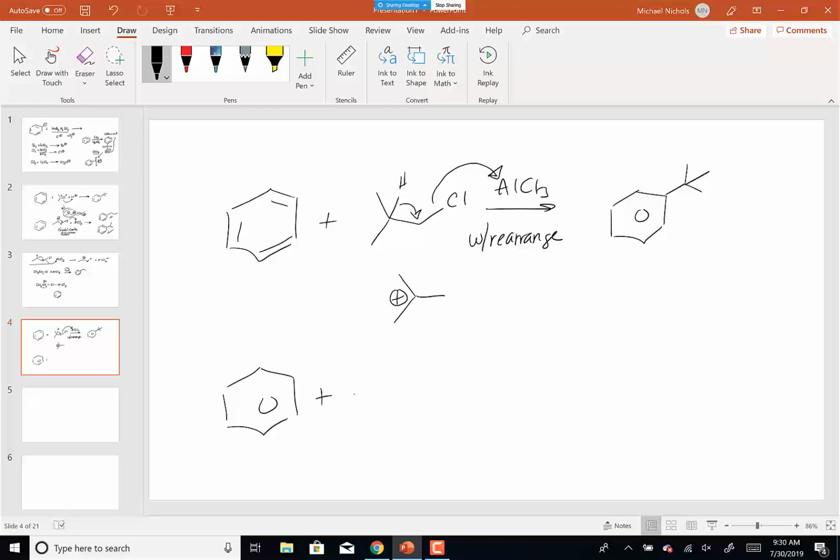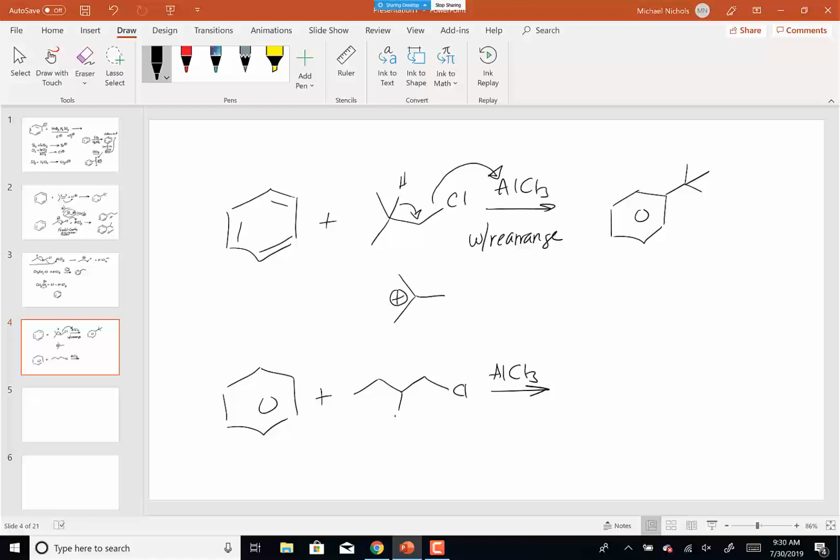No matter what straight chained alkyl halide I use, it will always rearrange.